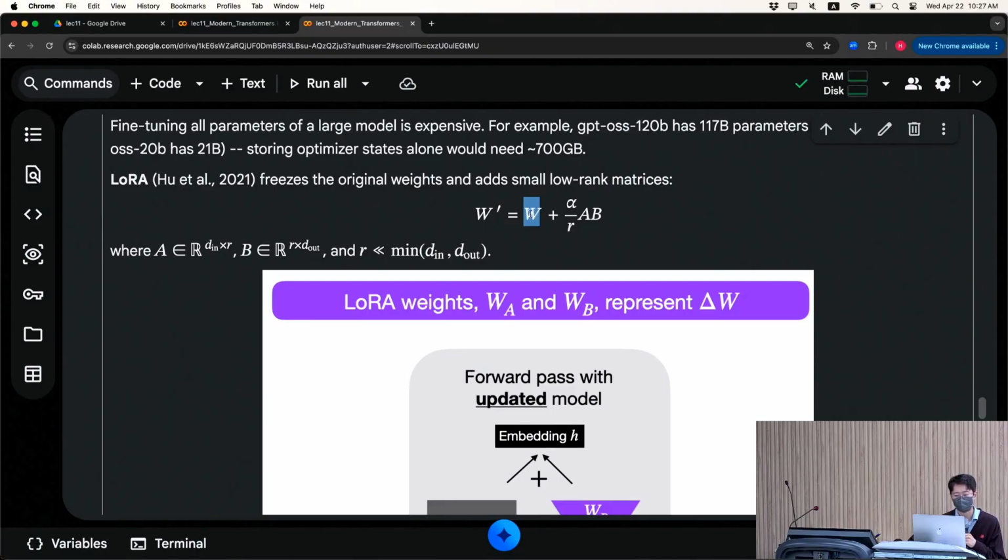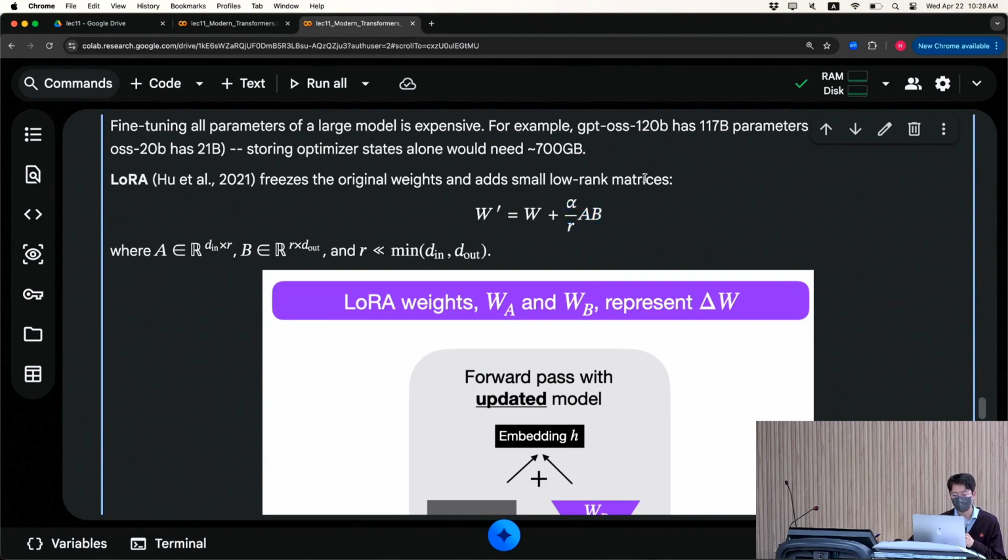We're going to just fix it as is. We're going to add in some low-rank matrix that we're going to backprop through. So let's say the loss function is here. We're going to put a stop gradient on W, so W doesn't receive the backprop gradient. It only receives the gradient through this low-rank matrix.